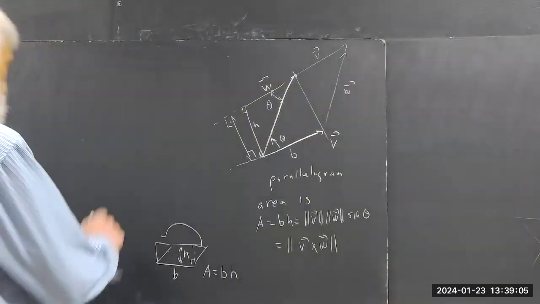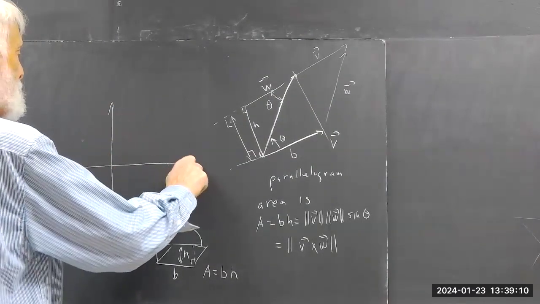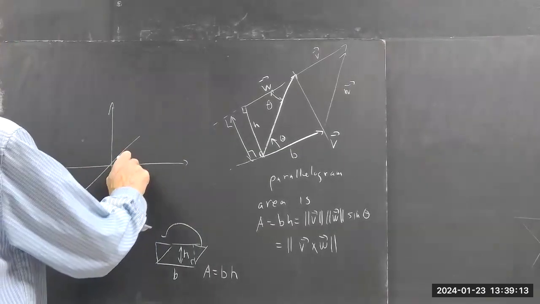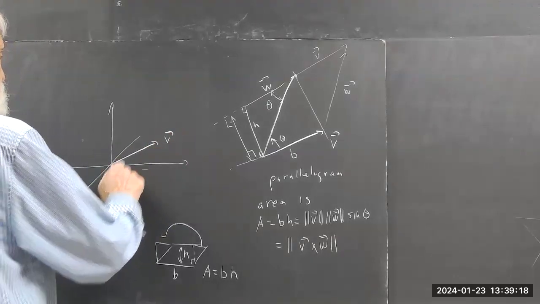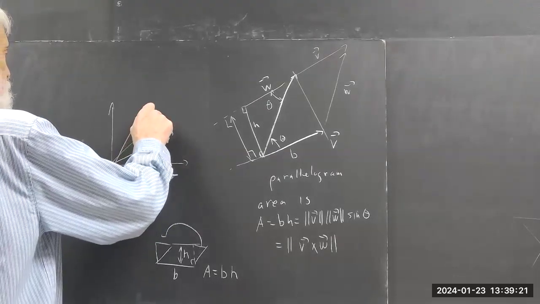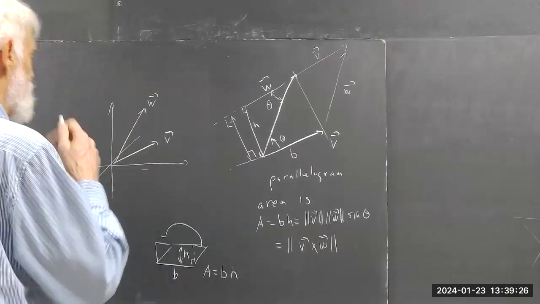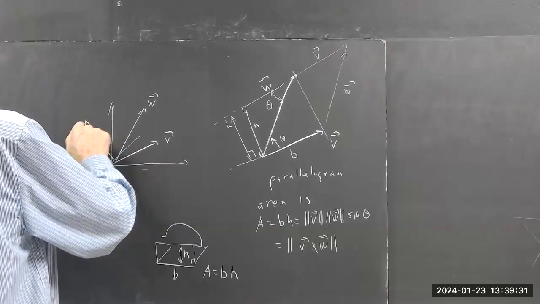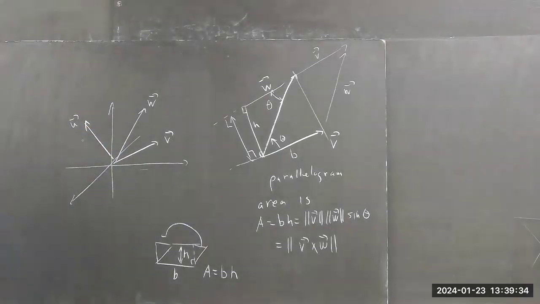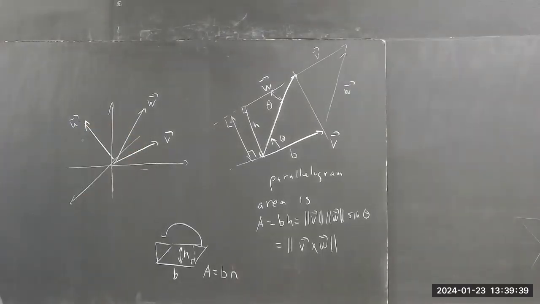Okay. So what I'm going to do is go into 3 dimensions. And let's just draw a vector V here. And a vector W out here somewhere. And a vector U, where U is in a plane different than the plane of V and W. Okay.